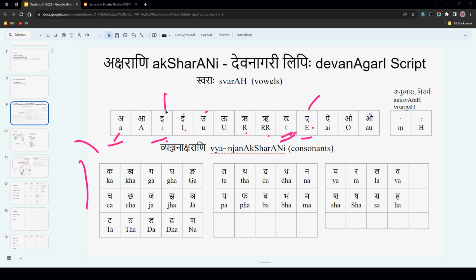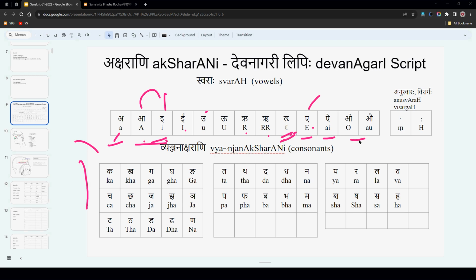If you try to say a and immediately after, do not pause, but quickly pronounce e, then it becomes ai. That's how the tongue is also moving inside. Then we have i, a combination of a and e. The quick pronunciation, if you prolong it then it becomes ai. But it is again a combination of kantha and talu.